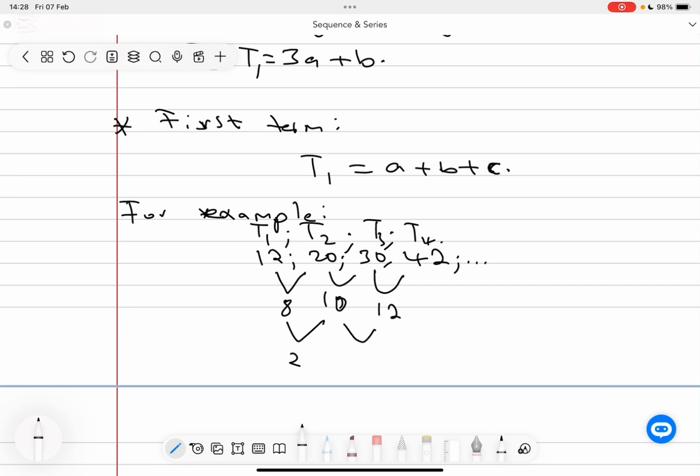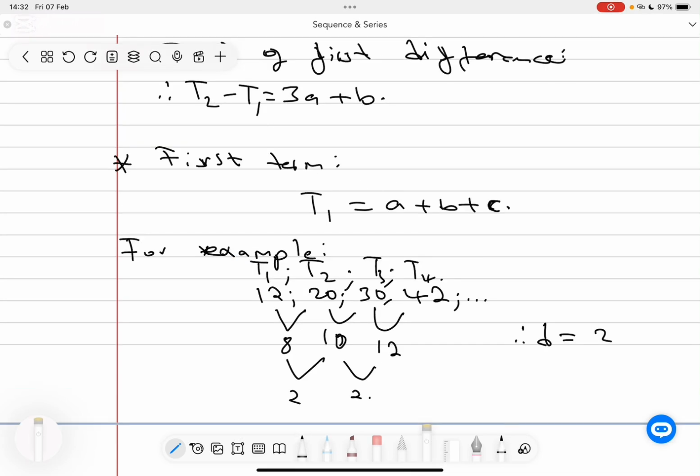And definitely when I say 12 minus 10, it should give me 2. So this means my second common difference is 2. We can see that we seem to be getting a common difference of 2 as we go in that direction, right? And my first of the first difference is 8, and my first term was 12.